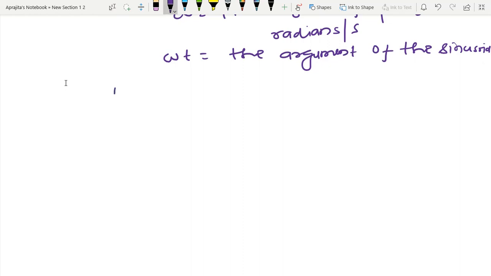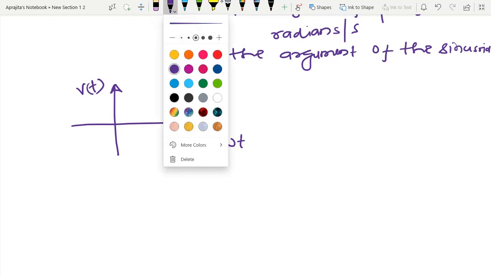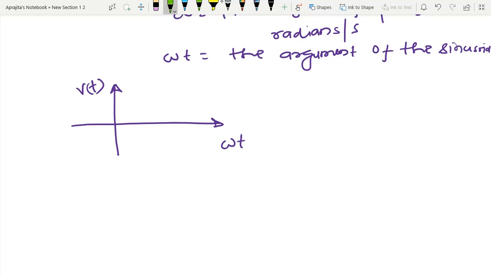So I have taken the vertical axis as V(t) and the horizontal axis as omega t, that is the argument of the sinusoid, and you are all already well aware of the response, so that is represented like this.